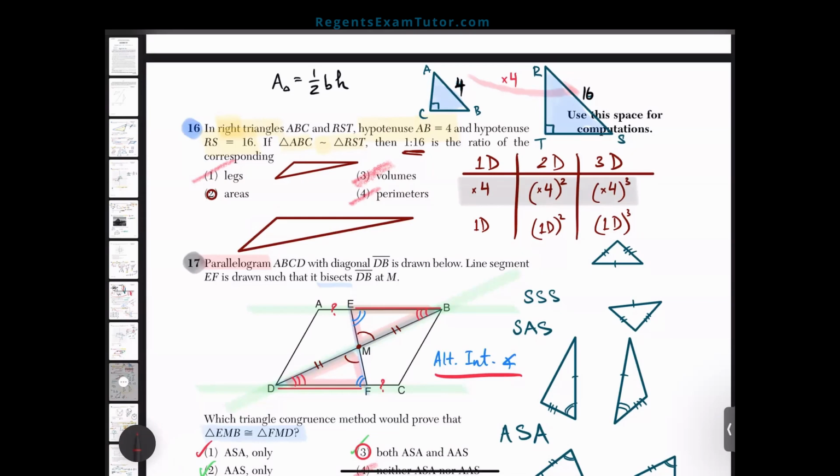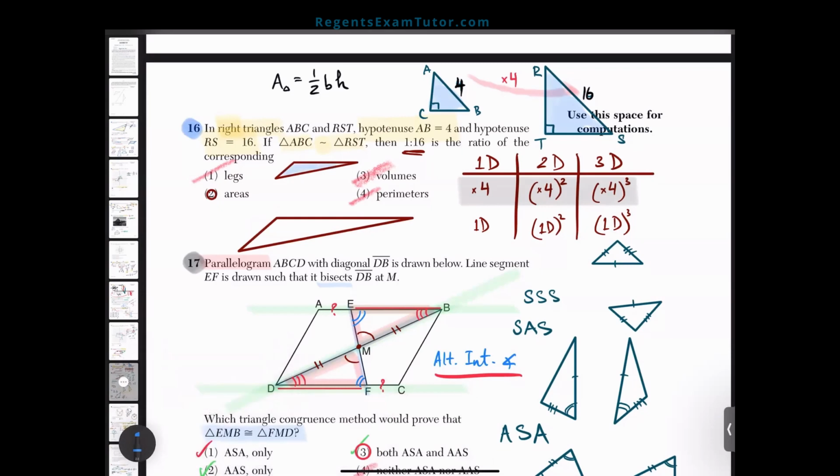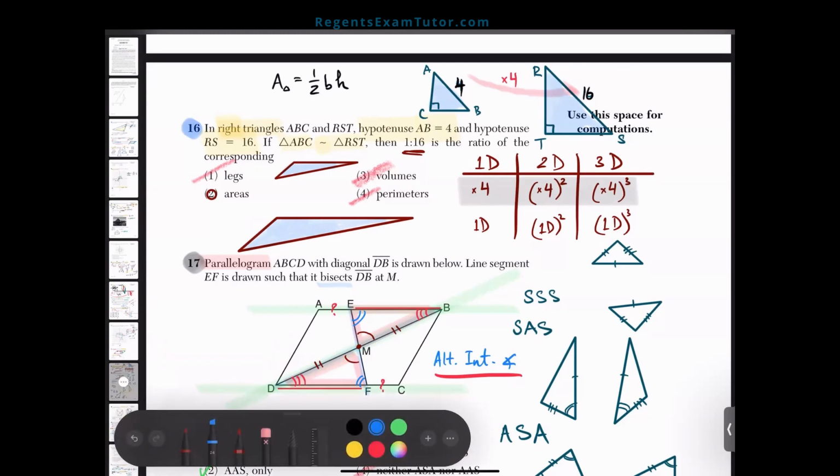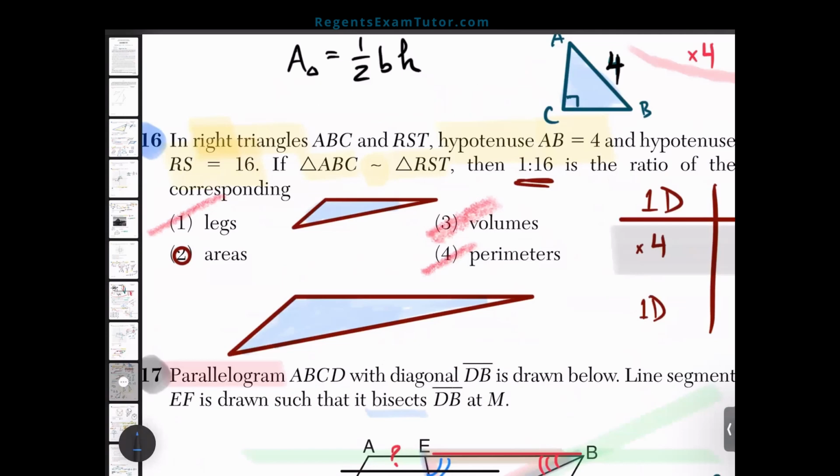There we go. So what if I told you that the actual area of, what if I just give you the areas? I'll give you the areas of the triangles, and maybe you'll have to tell me something about the side lengths instead. So we'll work backwards. So in our example question here, our follow-up question, let's say that this larger triangle has an area of 36.